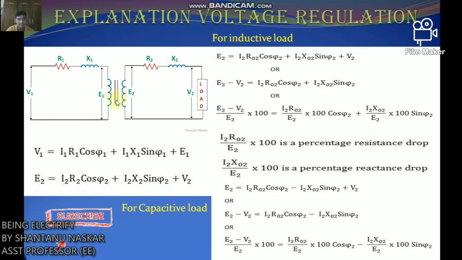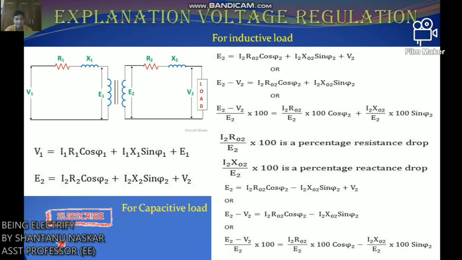Please see the circuit diagram here. The following conclusions are made: the primary voltage of the transformer is always greater than the induced EMF on the primary side, which is V1 greater than E1, and the secondary terminal voltage at no load is always greater than the voltage at full load condition, which is E2 greater than V2.